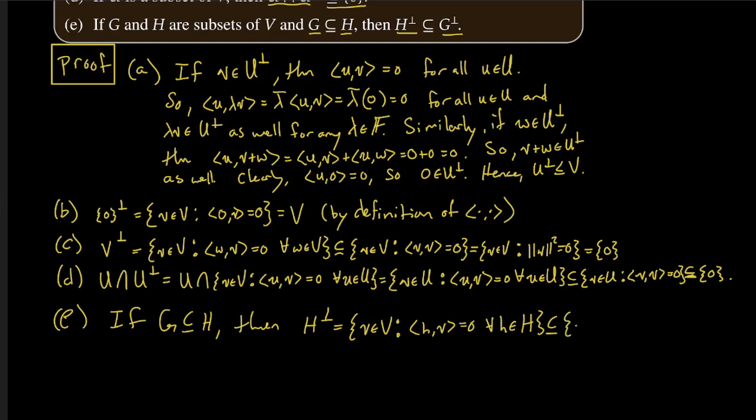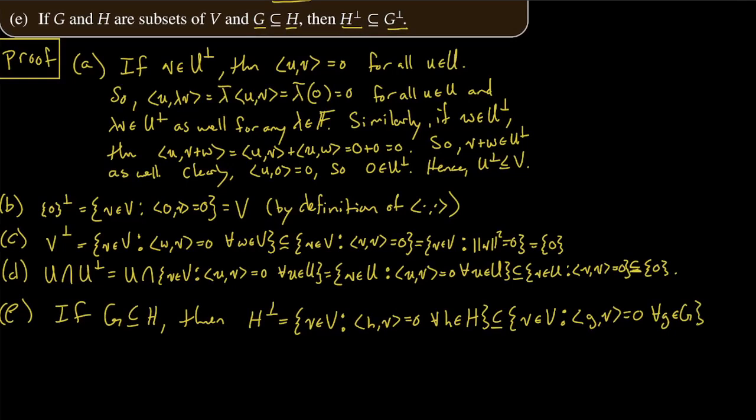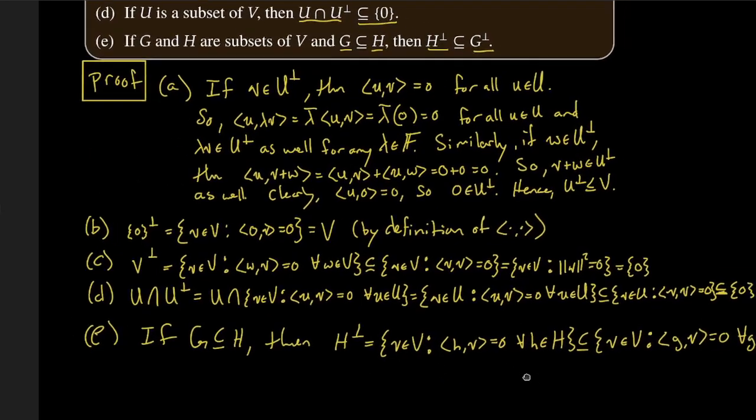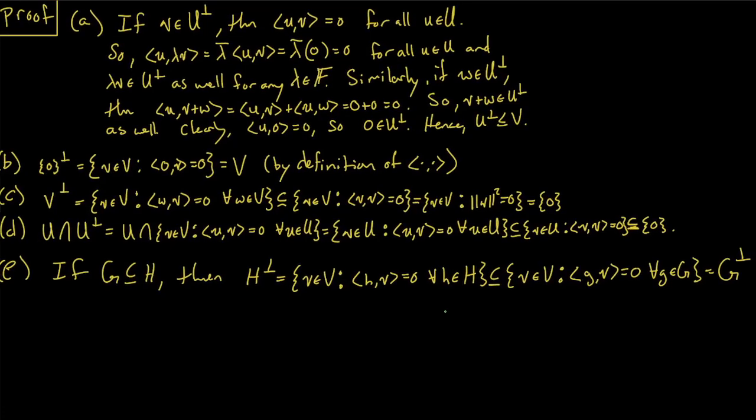So this is contained in the subset of V's in V such that the inner product of g and V equals 0 for all g in G. But this is just equal to G perp. So H perp is contained in G perp. See? Nice. We did all of them. Not too bad. Hopefully that's relatively clear.